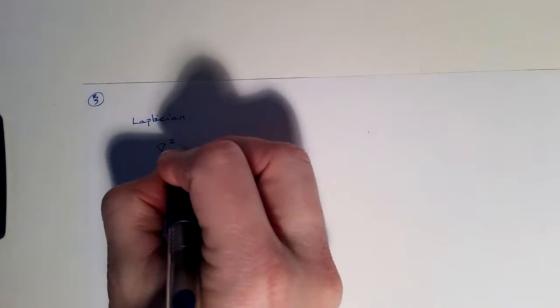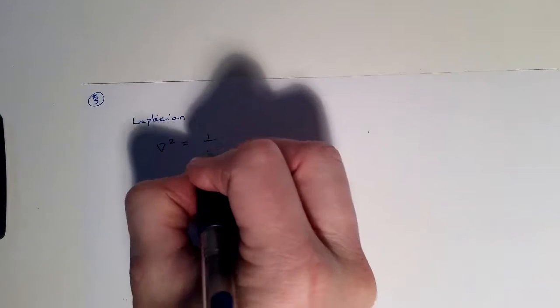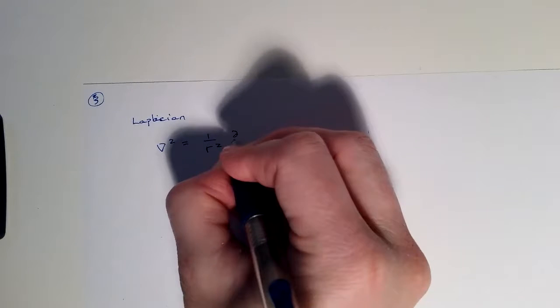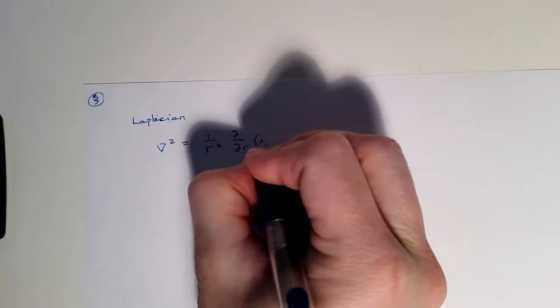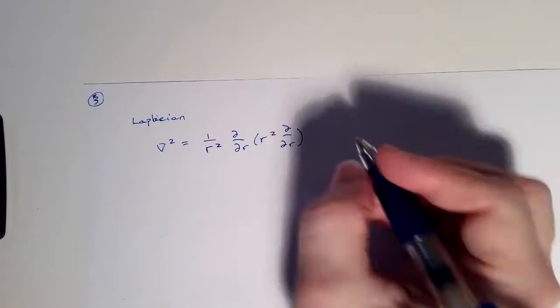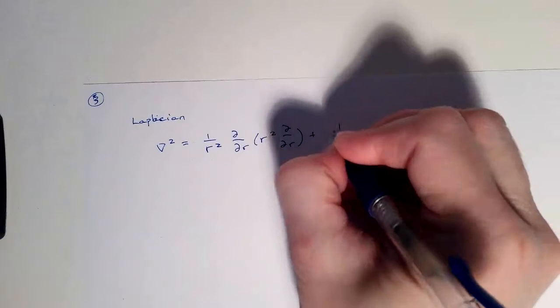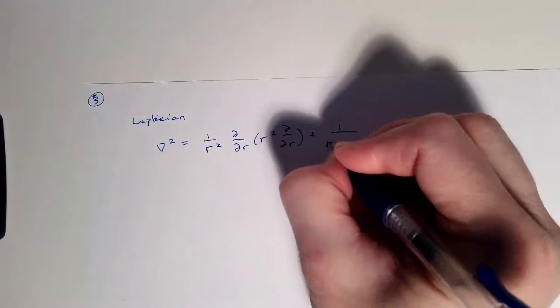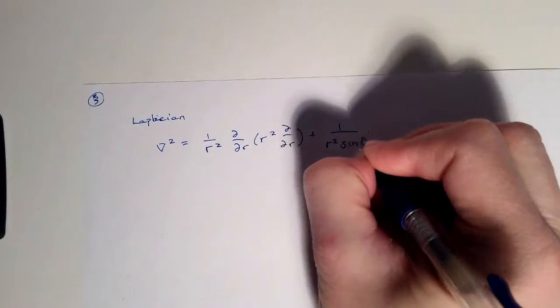Our Laplacian in Cartesian coordinates was pretty easy, but our Laplacian in spherical coordinates, this can be derived, it's a pretty satisfying derivation if you're into derivations, but it's also in the front cover of many of your textbooks.